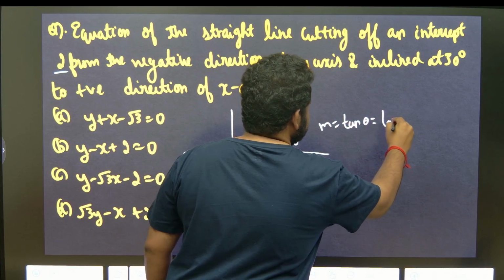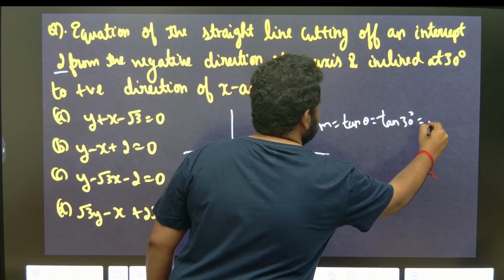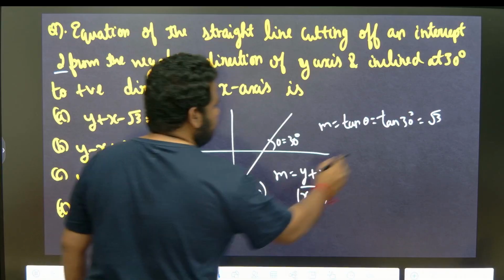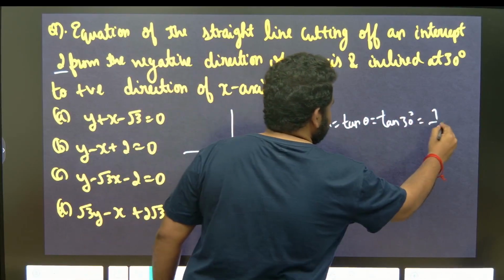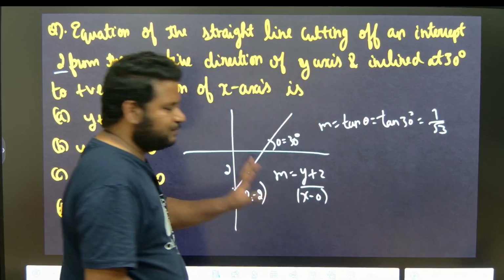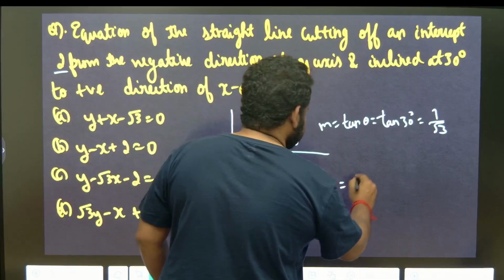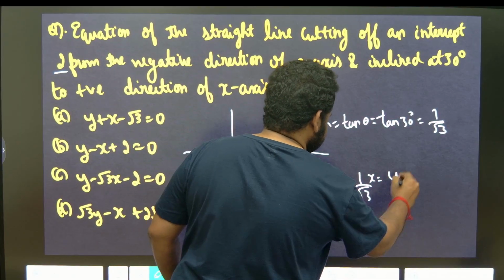Tan 30 will give me what? Tan 30 is equal to root 3? No, absolutely not. Tan 30 is 1 by root 3. So if I put the value of m is equal to 1 by root 3, and cross multiply, I will get 1 by root 3 times x is equal to y plus 2.